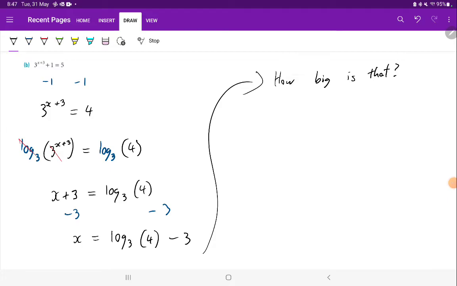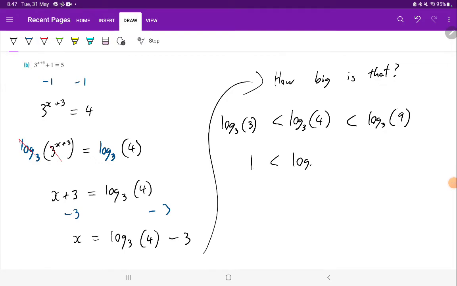Well, let's just first think about log base 3 of 4. Let's not worry about the -3 just yet. It should be bigger than log base 3 of 3, but it should be smaller than log base 3 of 3 squared, or 9. So it should be between 1 and 2.